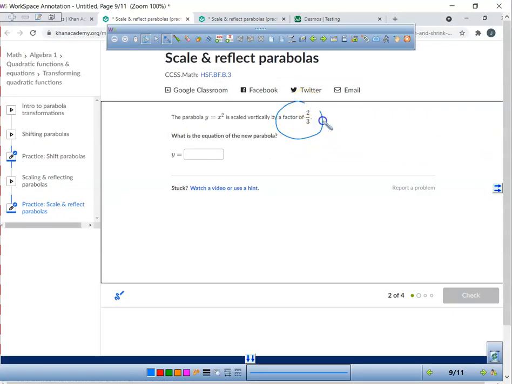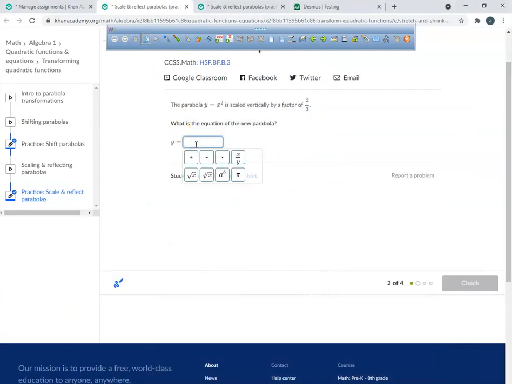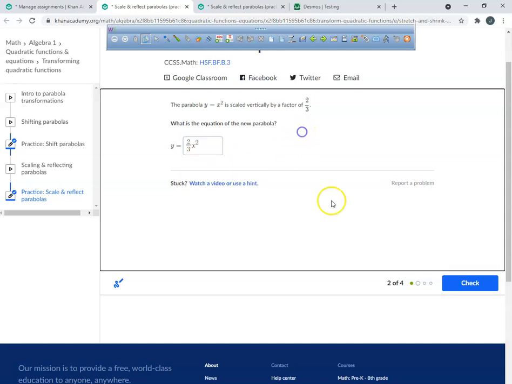So it'll just be y equals 2/3 x squared. And I'm done. So we're going to type in y equals 2/3 x squared. 2 divided by 3, x to the power of 2.